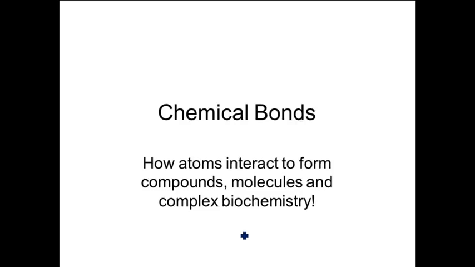So this information really forms the foundation of what you need to know to understand many things going forward in this class. I know it's a biology class, but biology is essentially chemistry. It's just biochemistry. So we have to understand this basic stuff if we want to get a handle on the more complex stuff. And so if this is a little confusing for you, and you haven't had it before, then what you really need to do is spend some extra time on it. Okay? All right, chemical bonds.